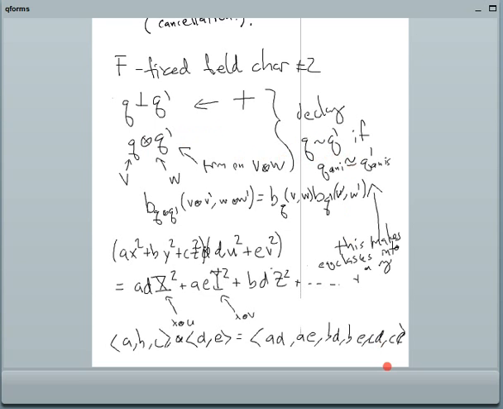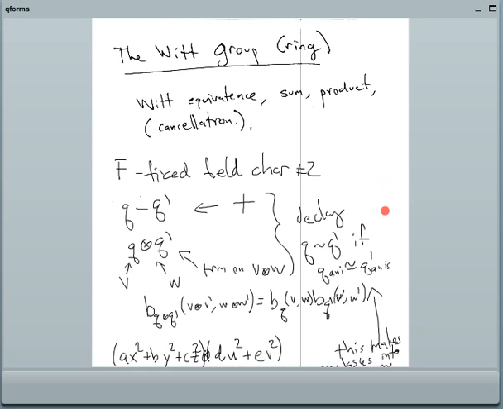This ring is called the Witt ring. So the punchline is that elements of this ring correspond to isometry classes of anisotropic forms.